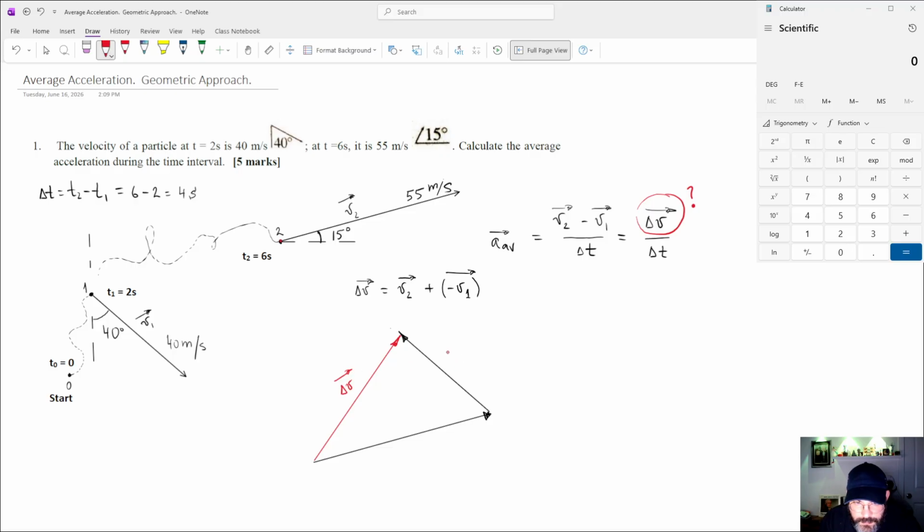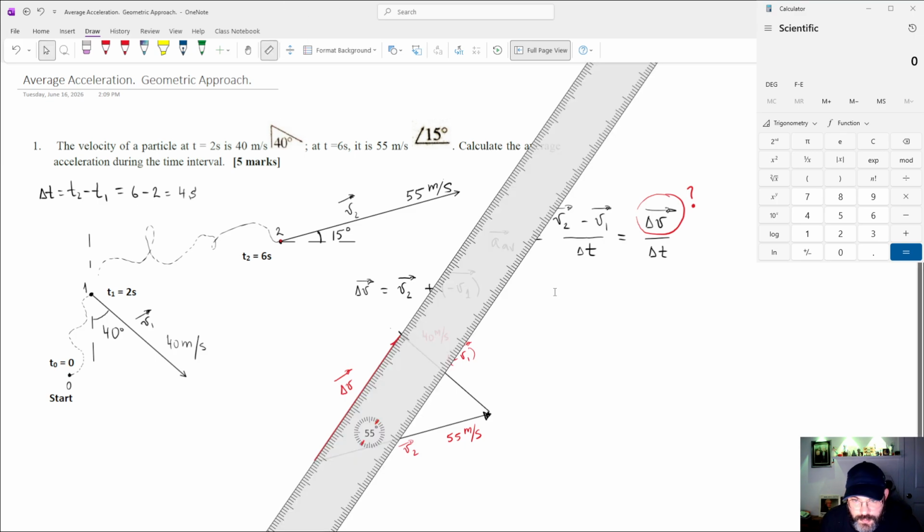This vector here is 40 meters per second, so that's the magnitude, and this is minus v1 vector, and this vector stays the same, 55 meters per second, right? So this is our vector v2.